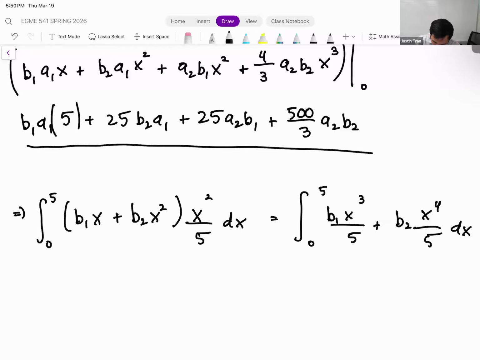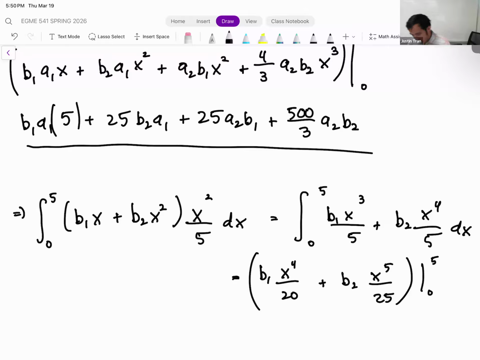Okay, so let's go ahead and perform this integral. This one's a little bit less cumbersome just because we have fewer terms here. But we have b1 x to the fourth over 20 plus b2 x to the fifth divided by 25, evaluated from 0 to 5. Okay.